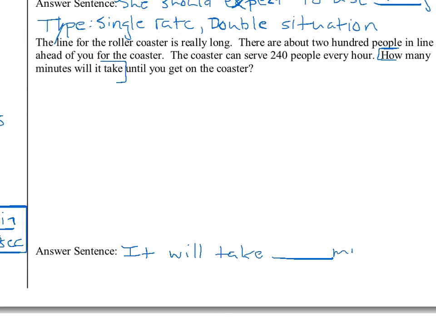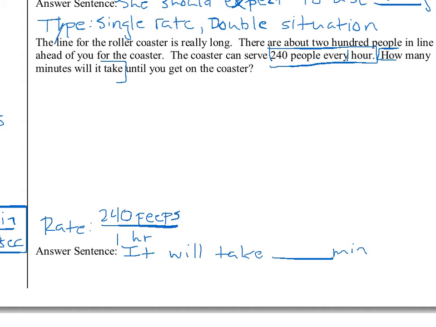As I'm looking through here, I see 240 people every hour. So that's every 1 hour. That's my rate. 240 people over 1 hour.